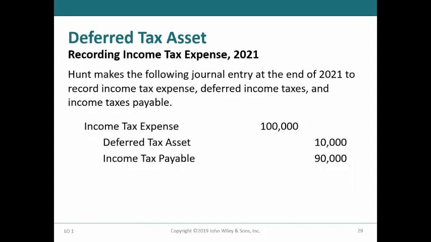To record income tax expense for 2021, we will debit income tax expense for $100,000 and credit the deferred tax asset for $10,000 and credit income tax payable for $90,000. This will completely reverse the temporary difference of $10,000 that was created when we deducted the loss for the litigation for financial reporting purposes in 2020, but did not report it for tax purposes until 2021.